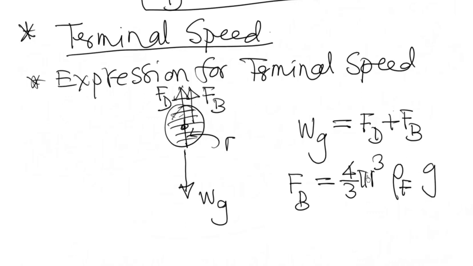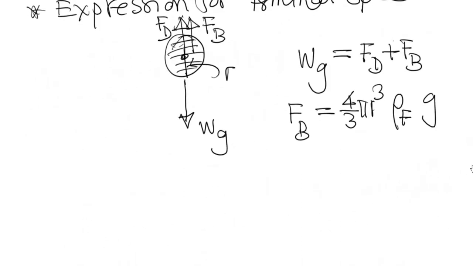Volume into density is mass, multiplied by g. So this is the weight of the fluid displaced by the spherical object.